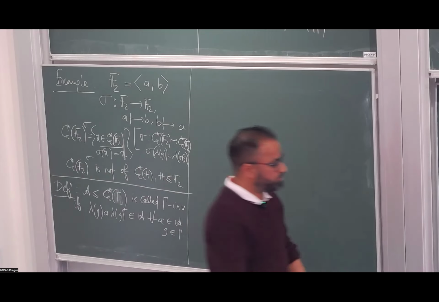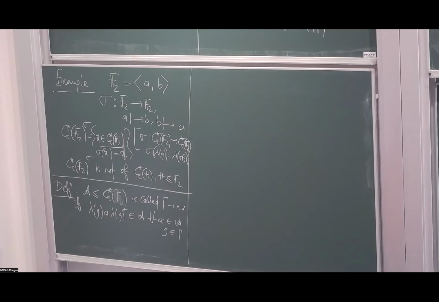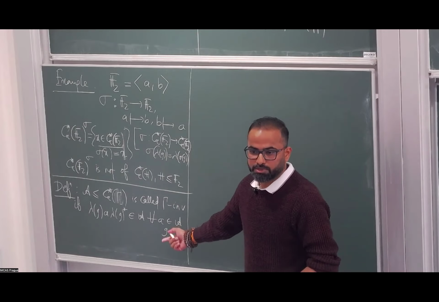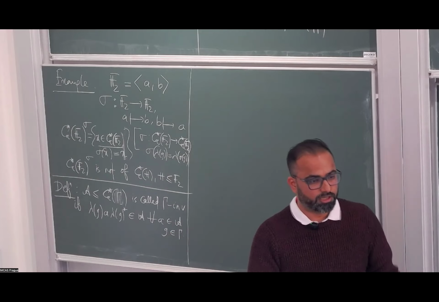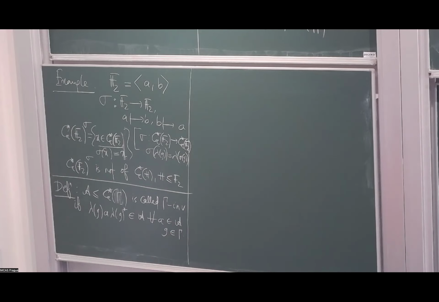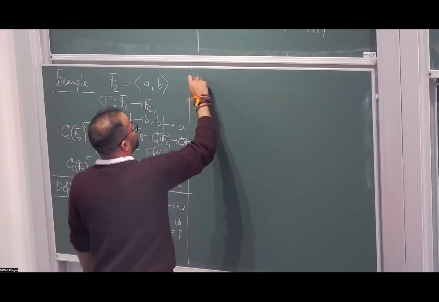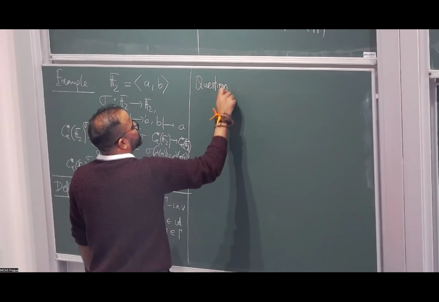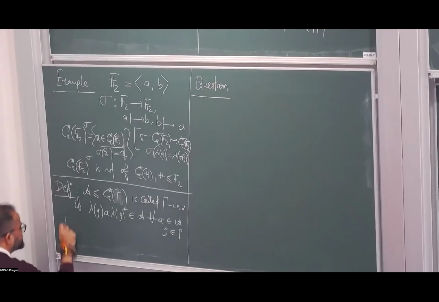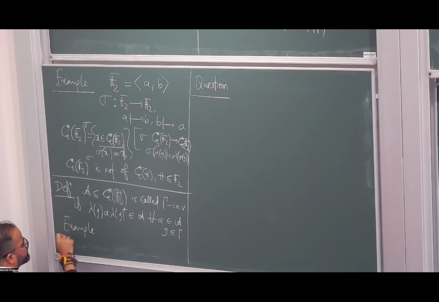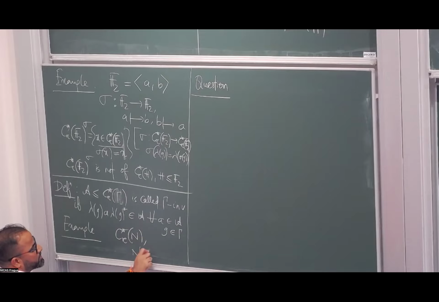Think of it as a non-commutative analog of a normal subgroup. If you have a normal subgroup of the group and you do the conjugation, it remains inside the normal subgroup. That's exactly what I'm asking for here, except I want conjugation by the unitaries because I'm inside B(L2 gamma). Like I said, here's an example: you look at C_r star of N, where N is a normal subgroup.